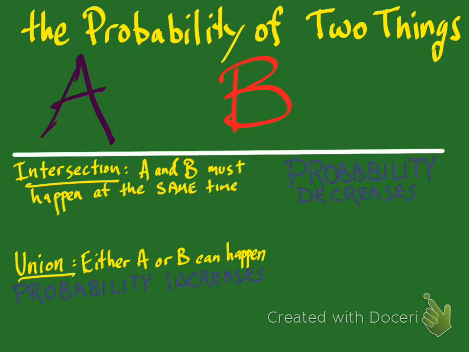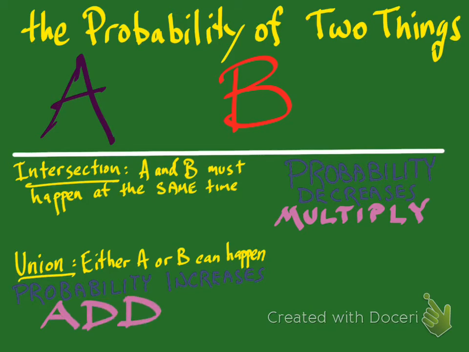Now, I just mentioned that probabilities are always a fraction. The way to get two fractions to give you a smaller fraction is to multiply them together. If I have two fractions and I multiply them together, my result is going to be a smaller fraction than either one of the two that I started with. So that's how probability decreases: by multiplying those fractions. On the other hand, the way to get probabilities to increase is to add them together.